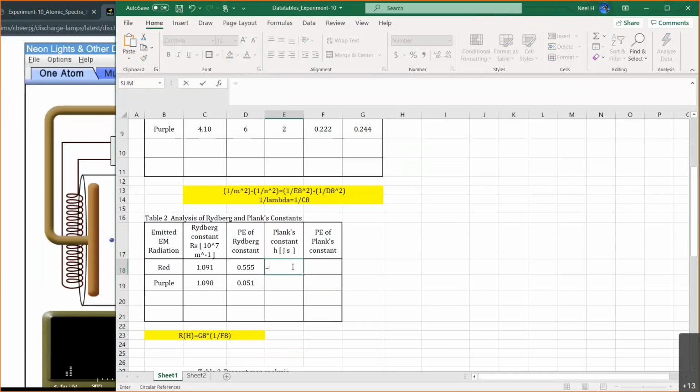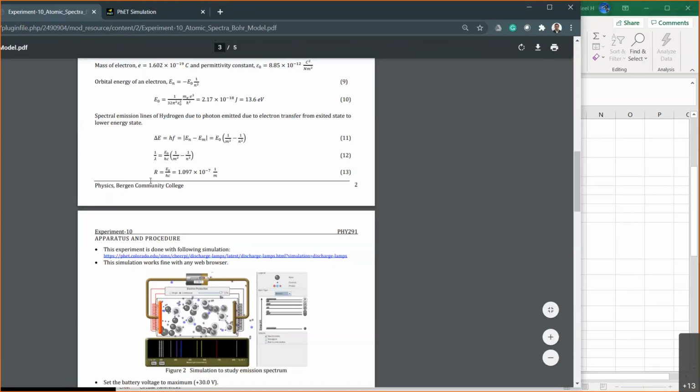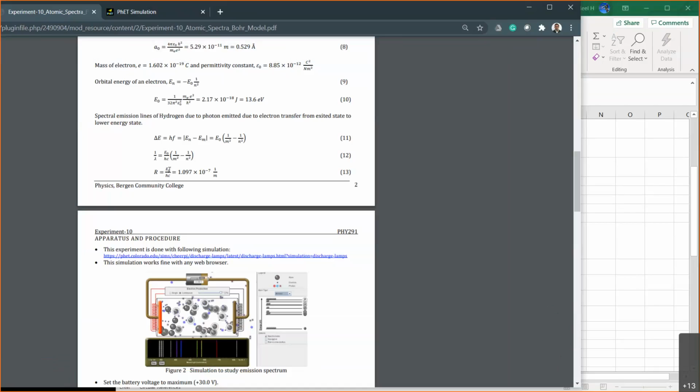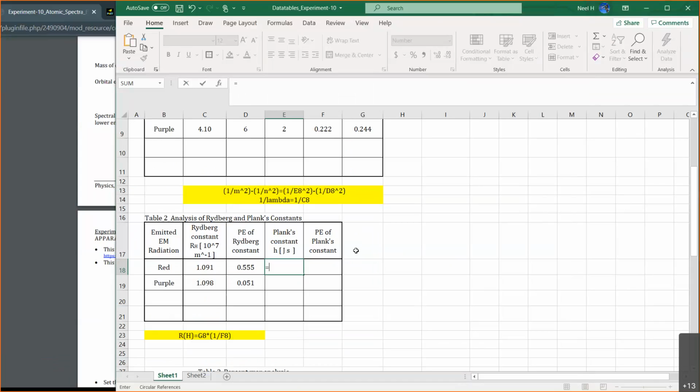The Planck constant from our Rydberg constant is going to be the ground state energy of the hydrogen atom divided by the Rydberg constant multiplied by the speed of light. The ground state energy of the hydrogen atom is 13.6 electron volts.